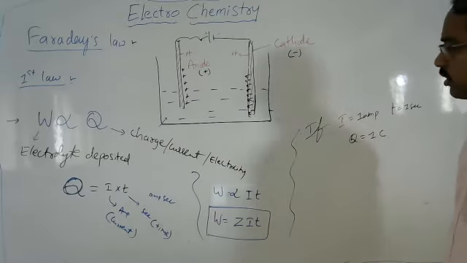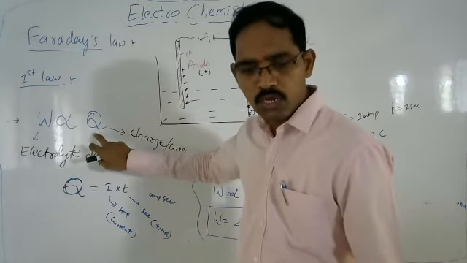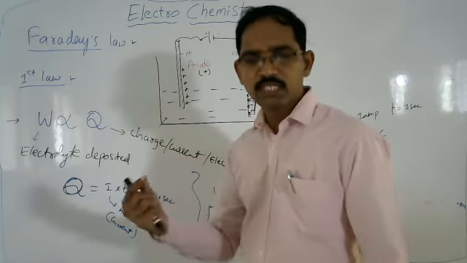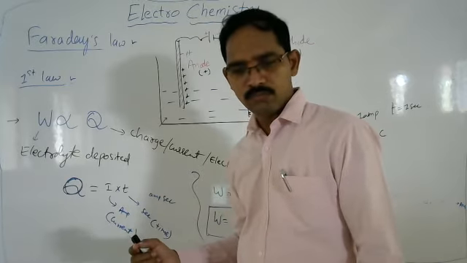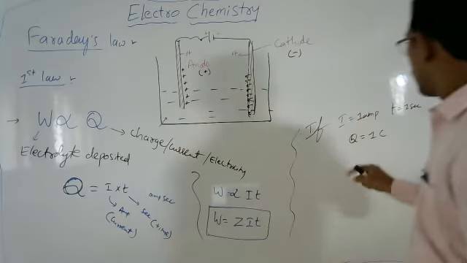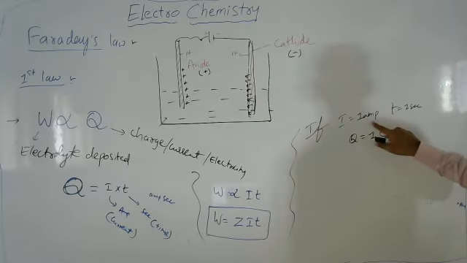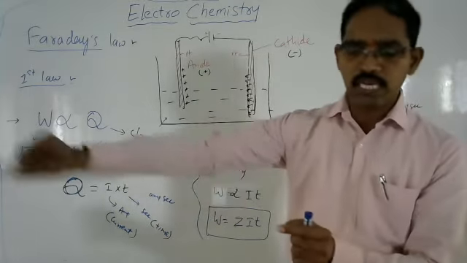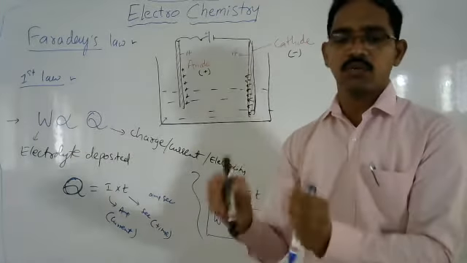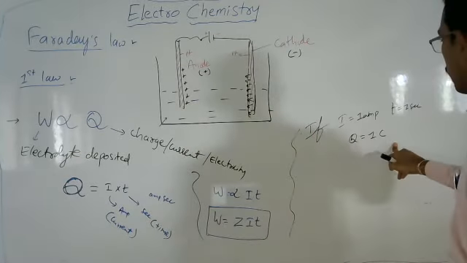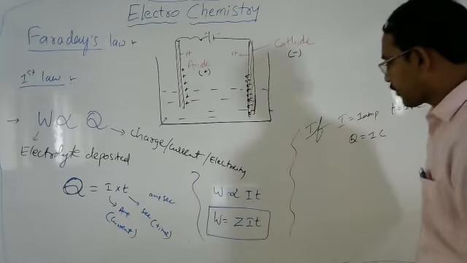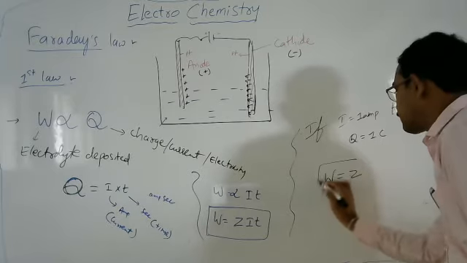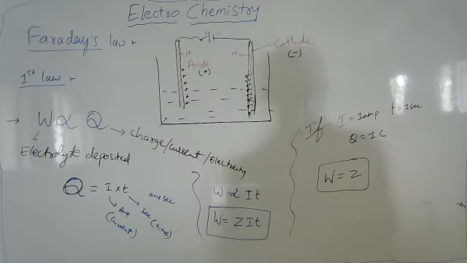The unit of charge Q is coulomb. Electron charge is also in coulombs. If 1 ampere current passes for 1 second, the charge is 1 coulomb. Putting these values here, W equals Z.